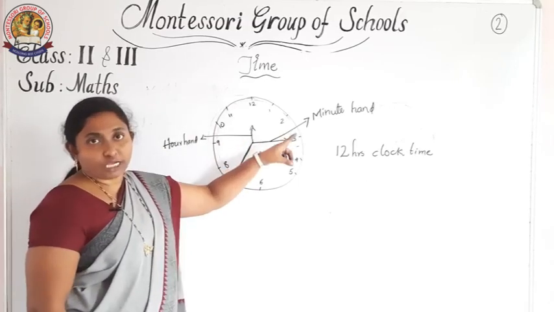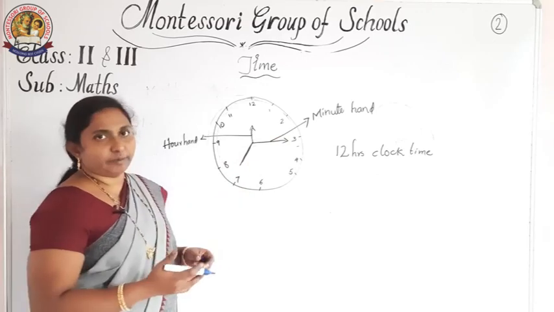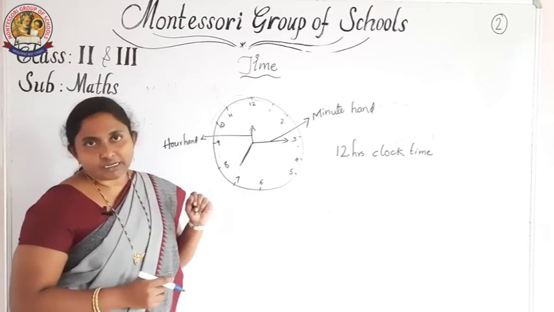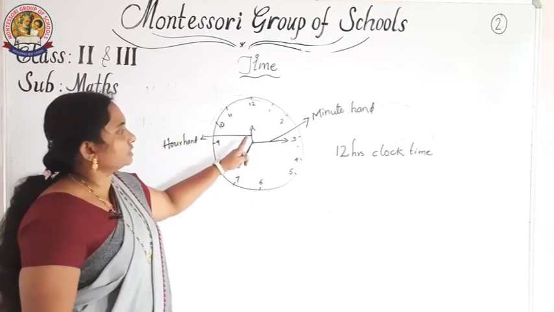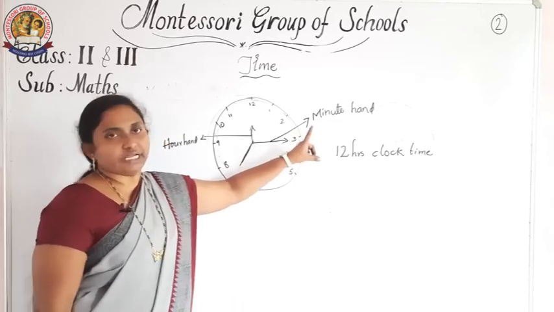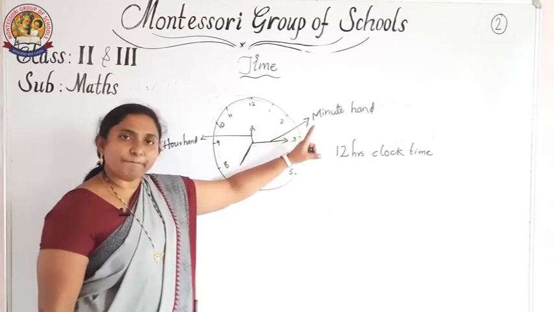The seconds hand we use in games and entertainment programs. But we mainly use the hour hand and minute hand. The hour hand shows the hours, and the minute hand shows the minutes.